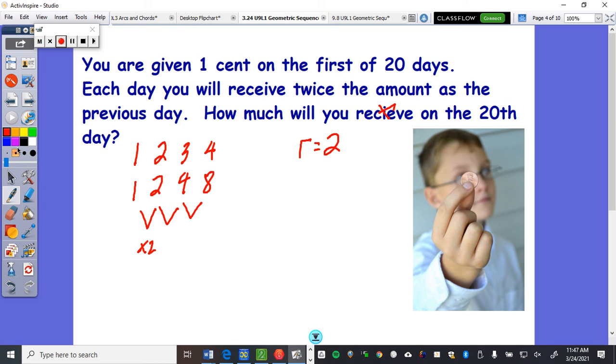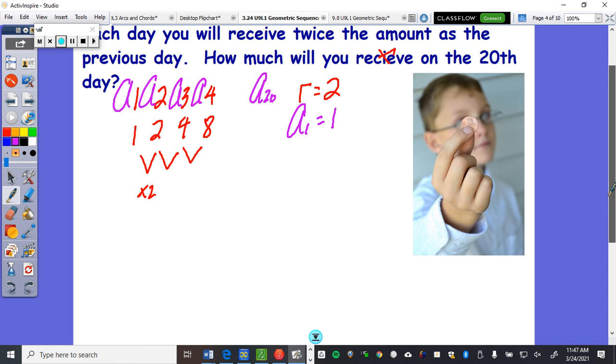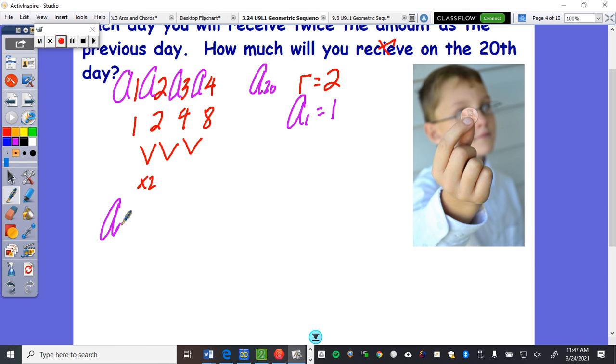Now remember, in sequences, we have the first term, a sub 1, a sub 2, a sub 3, a sub 4. My first term is 1. We want to know how many pennies I have on the 20th day. So if we go to the rule, a sub n equals a sub 1 times r raised to the n minus 1, we're going to fill this in.